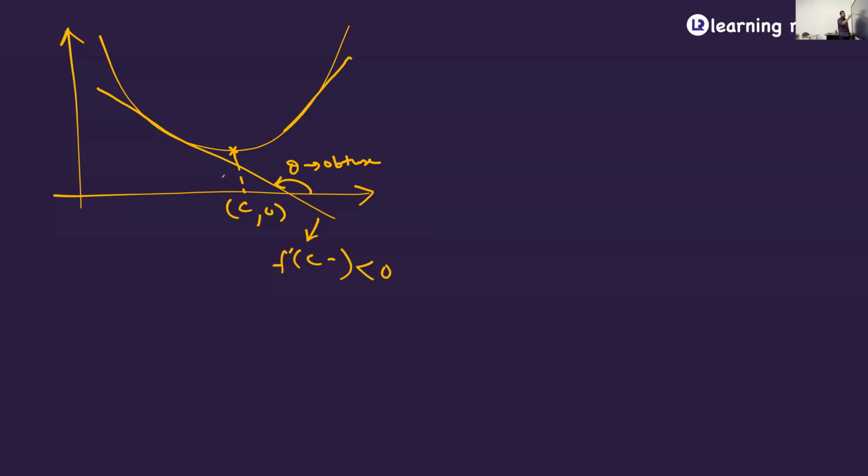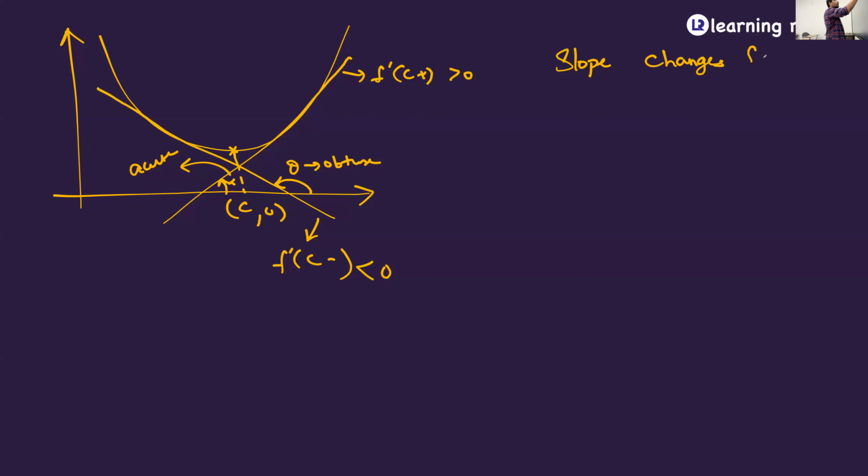If I draw a tangent on the right of it, I get alpha, which is going to be acute. Then the slope f dash of c plus will be positive. So if the slope changes from negative to positive, then it is said to have a point of minimum at c.